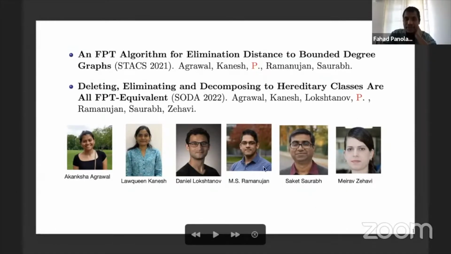I think Saket and MSR are here. So today, first we will see some definitions, and if time permits, we will see a proof sketch from the first paper, and tomorrow we will see a proof sketch from the second one. And feel free to interrupt at any point in time if you didn't understand some concept.